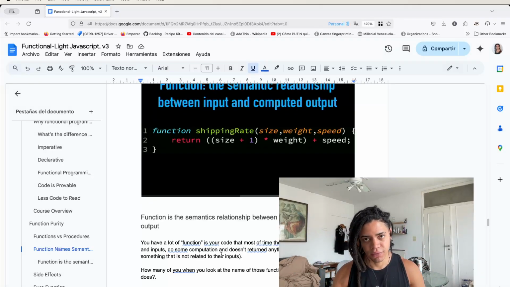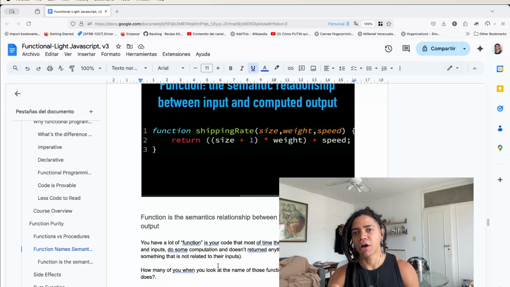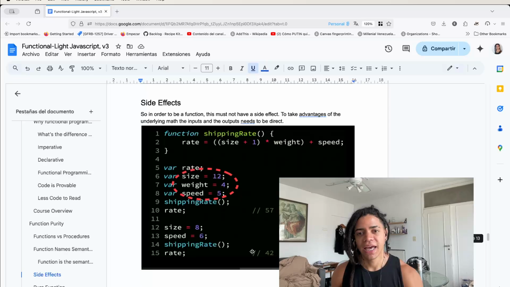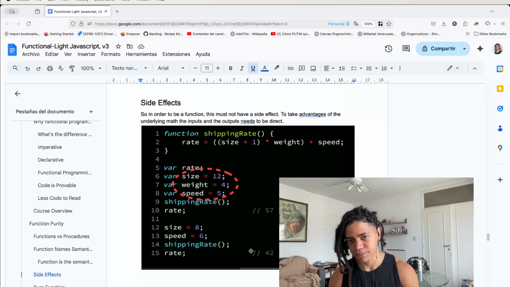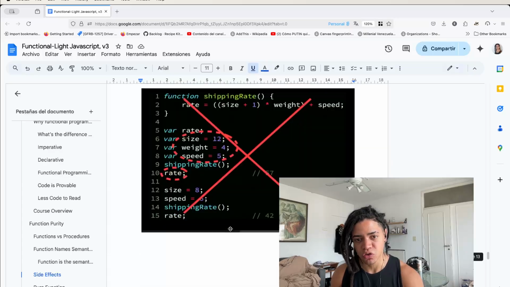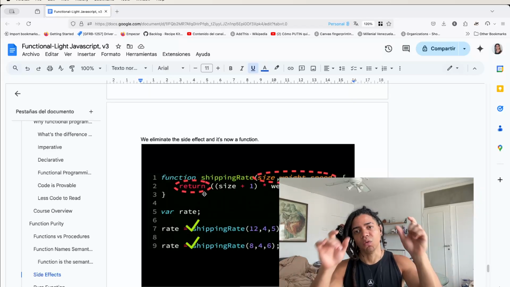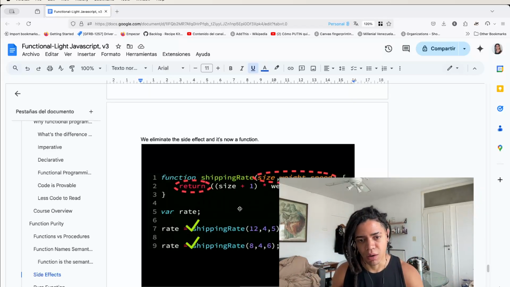But that's not enough, because we need to look at other properties that make the code provable in functional programming, and that is that the code must not have any side effects. In other words, it must not change the state outside of itself. It must have a close relationship with the inputs and the computed outputs.